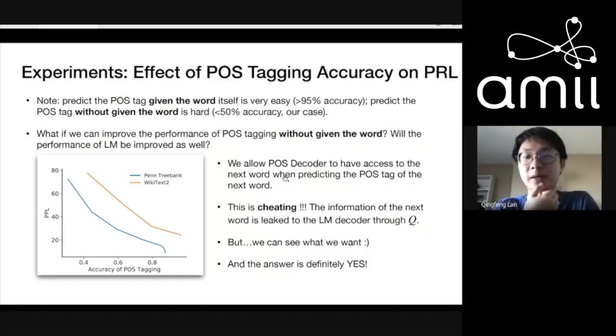Yeah, actually not, but I also observed a similar phenomenon in my experiments. Here I only tried one auxiliary task, which is POS tagging. In my experiments, a result I haven't put here is that I also tried combining it with more auxiliary tasks.